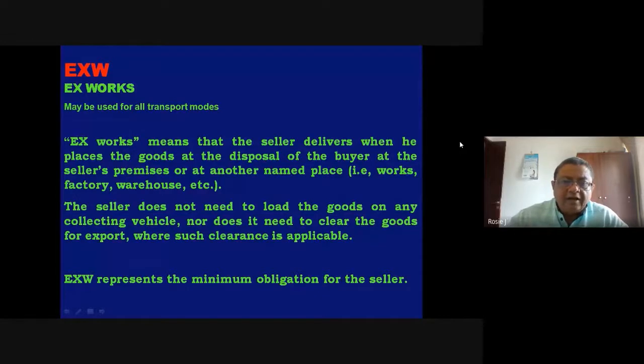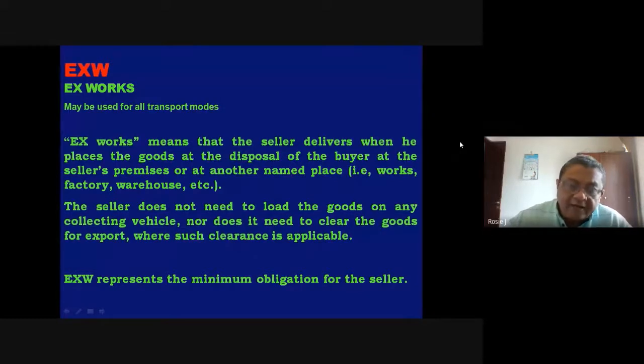For example, if the importer and exporter agree on EXW, then from that time the importer comes to the exporter's warehouse and touches the goods. Say he has brought his lorries and is loading, right? Of course, the importer will not bring lorries; he'll bring local lorries, or maybe the exporter's lorries.